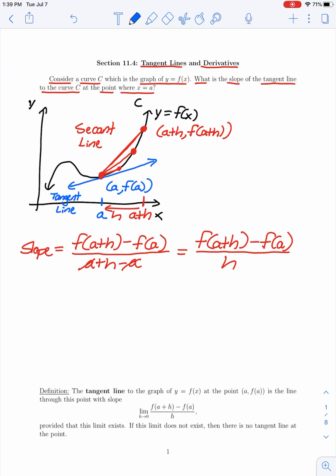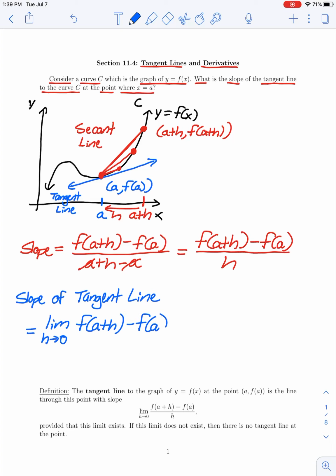Therefore, the slope of the tangent line will be defined as the limit of the slope of our secant line, which was f of a plus h minus f of a all over h, as h approaches 0, provided that that limit exists.